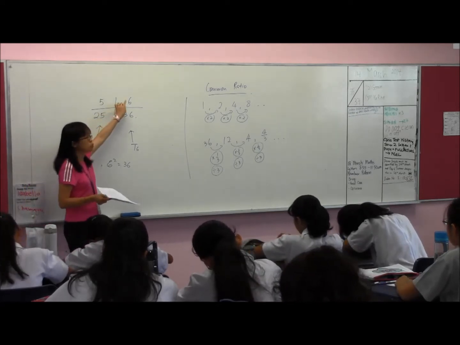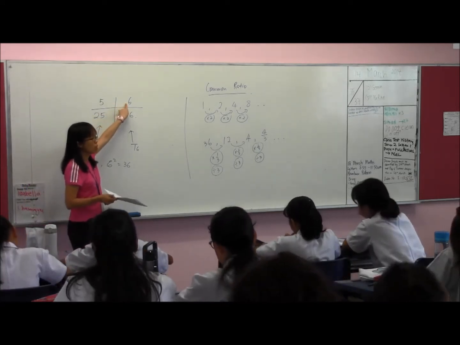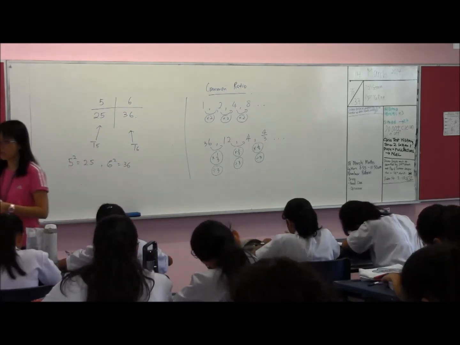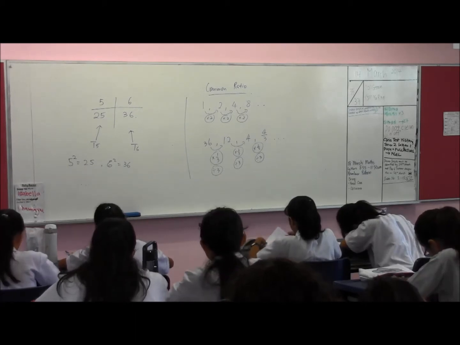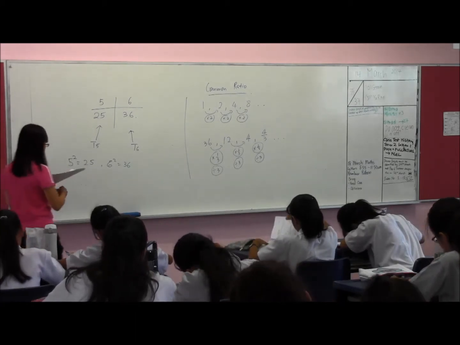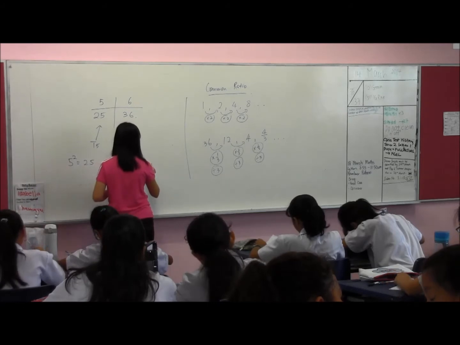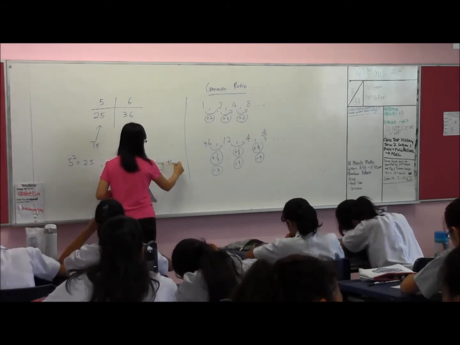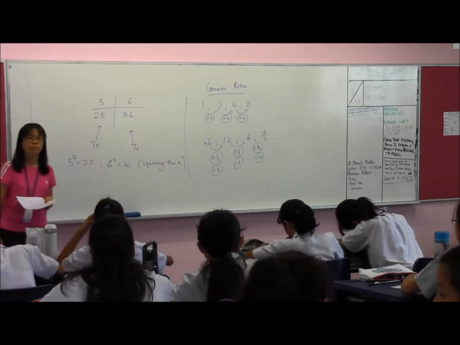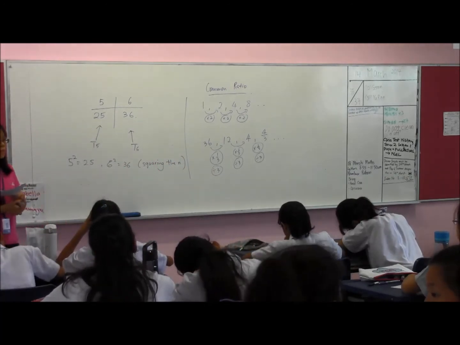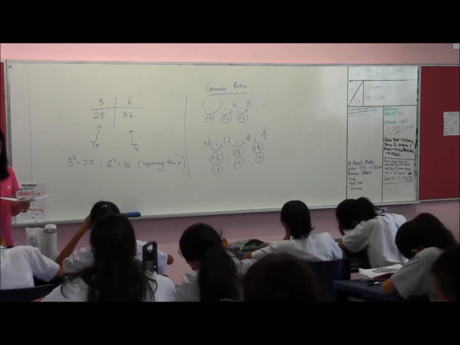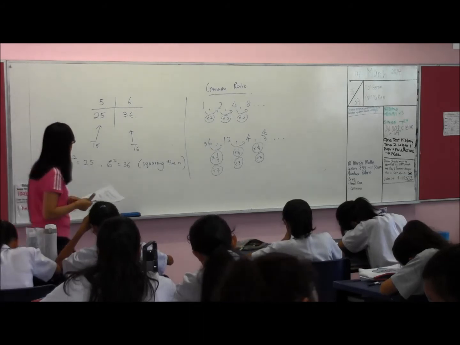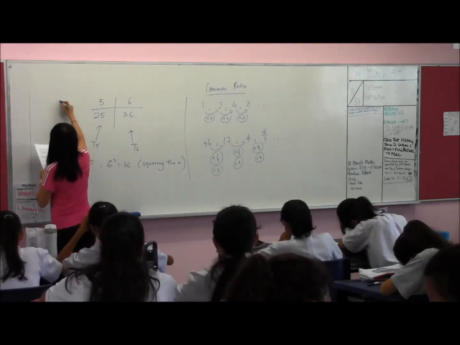When n is 6, you square 6, you get the term 6. So under your description you can say squaring the n.